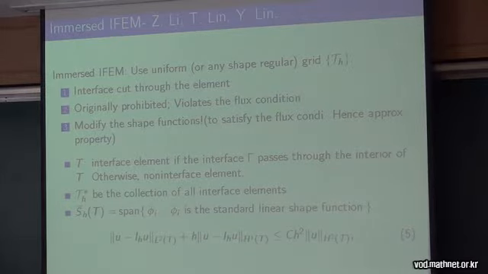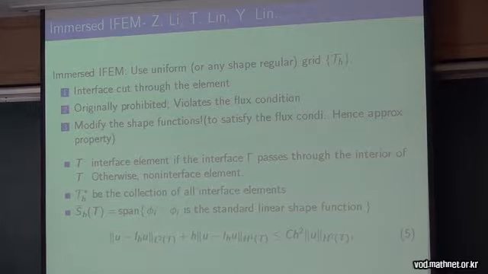For the standard notation, T is of course an element, and T star h is the collection of interface elements. An interface element is an element that crosses the interface. The notation with a bar means it is flat. The standard basis is the linear shape function, for which the interpolation error is well known.